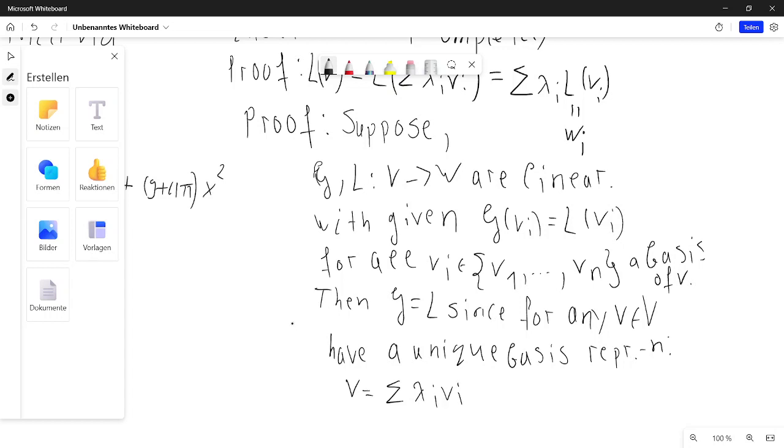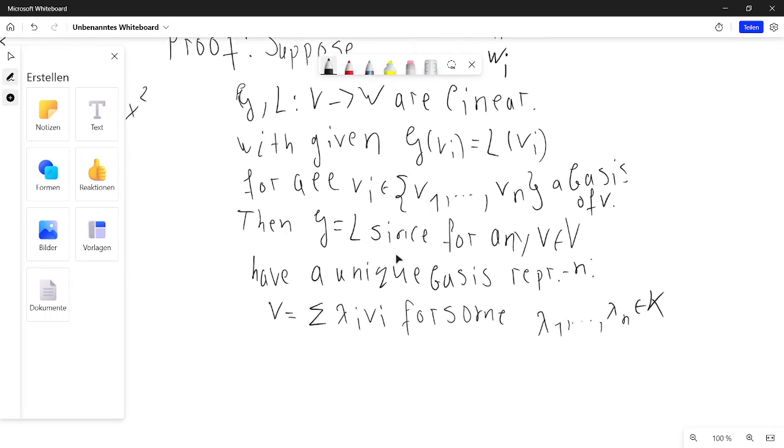Just represented in these vectors. Normal linear representation with respect to the basis for some lambda_1 to lambda_n element of k. V is a k vector space, always kept in mind, right?